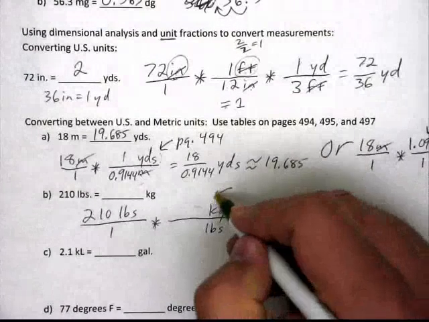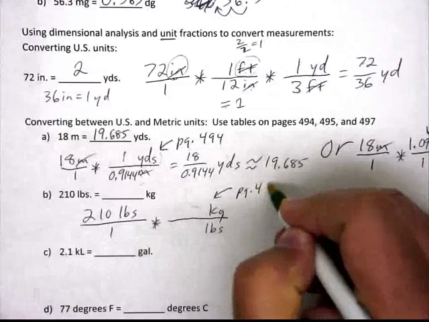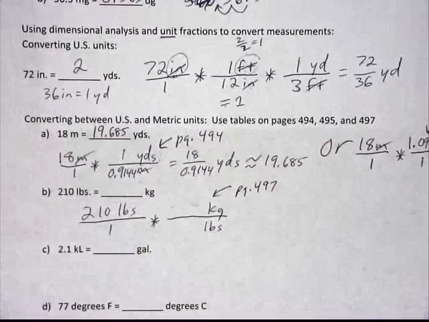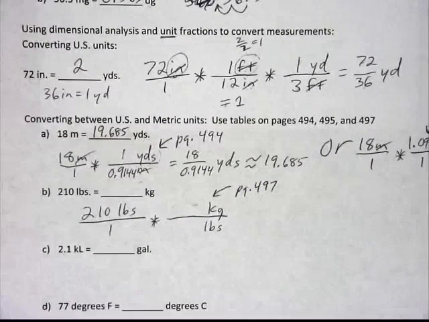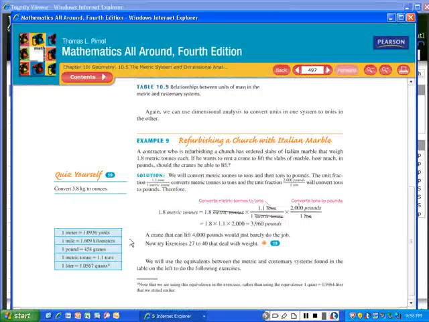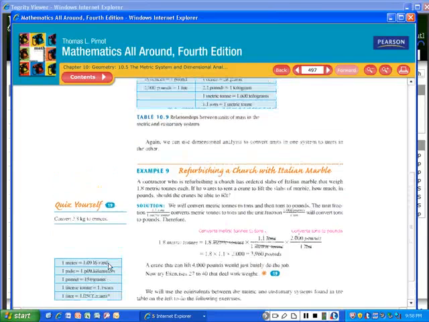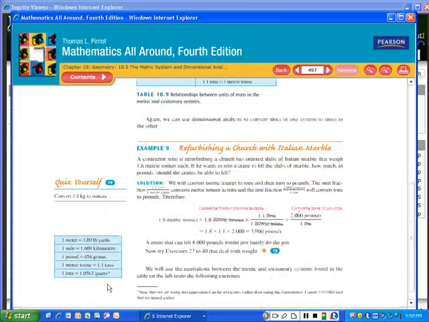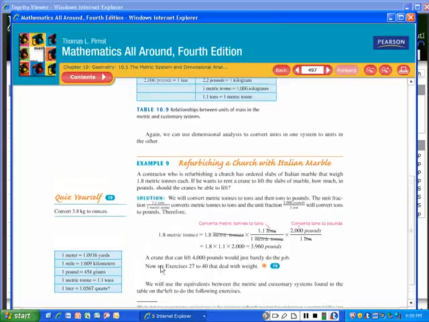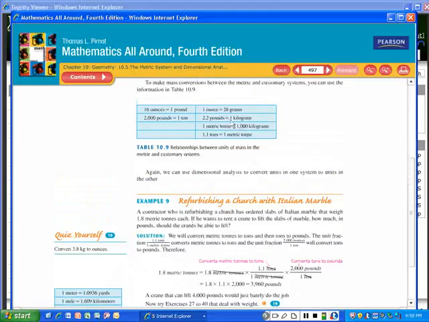So what I'm going to do is I'm going to look at page 497 again. And on 497, we have one down here that has pounds and grams, but that's not what we want. We could use that if we need to.